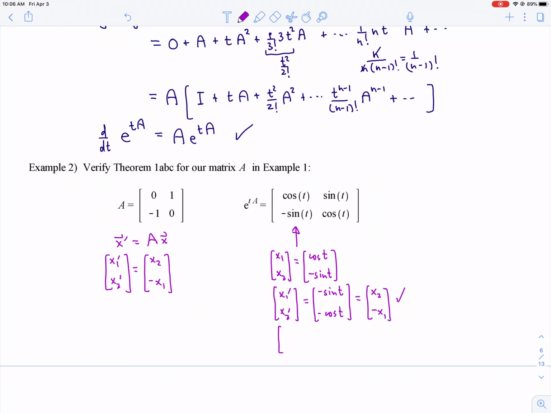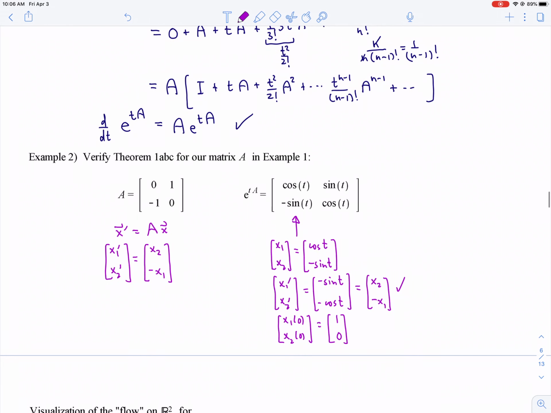And the initial value vector for the first column is cos of 0, which is 1, and negative sine of 0, which is 0.